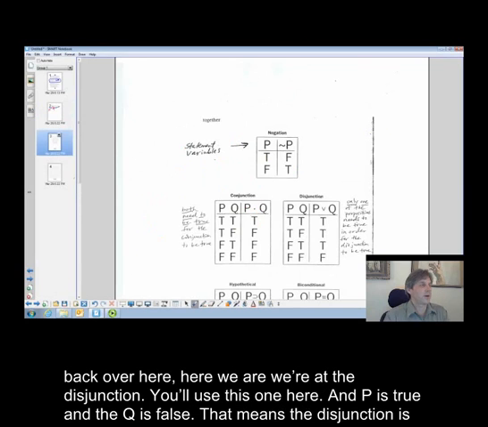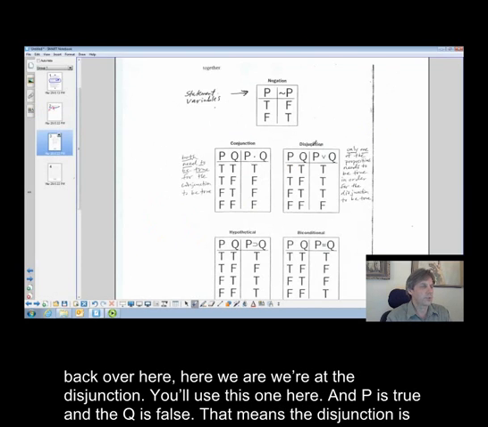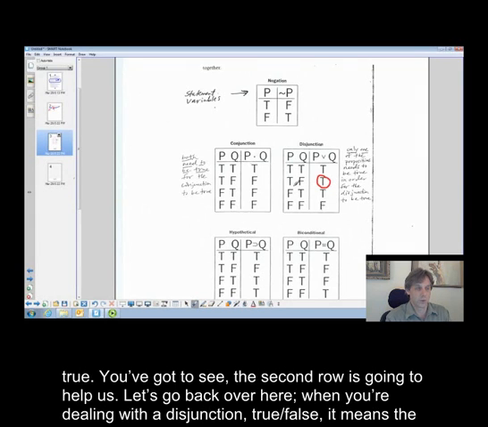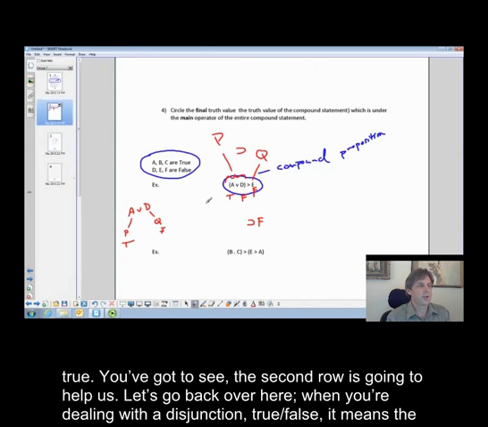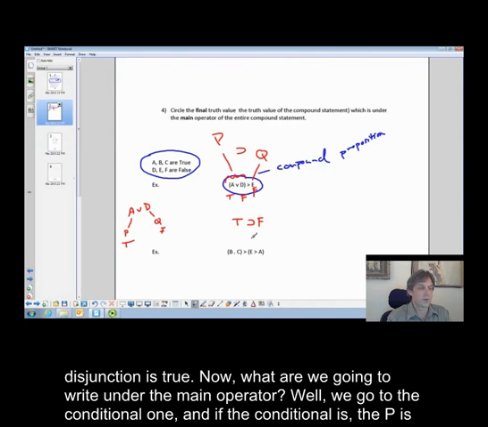So let's go back over here. Here we are at the disjunction. You'll use this one here, and P is true, and the Q is false. That means the disjunction is true. You've got to see the second row is going to help us. When you're dealing with a disjunction, true, false, it means the disjunction is true.